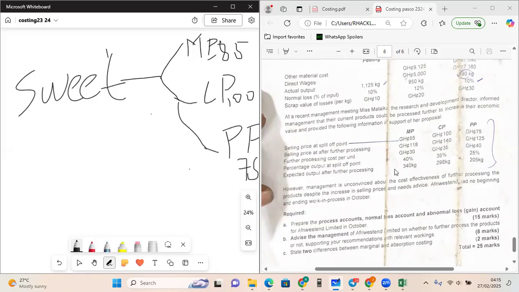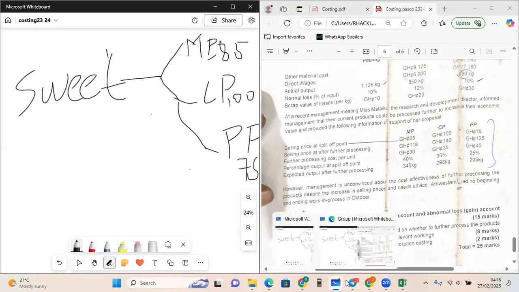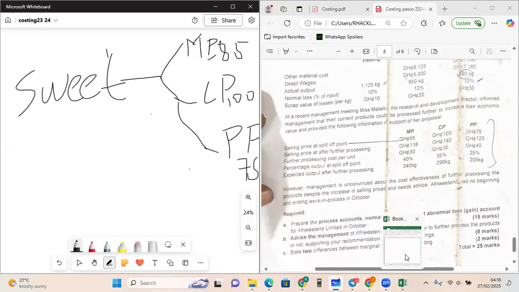So that's what we are going to do. You know the split off points now, where the products will be together until they are branched into different kinds of products. So let me use Excel so that I can finish fast.